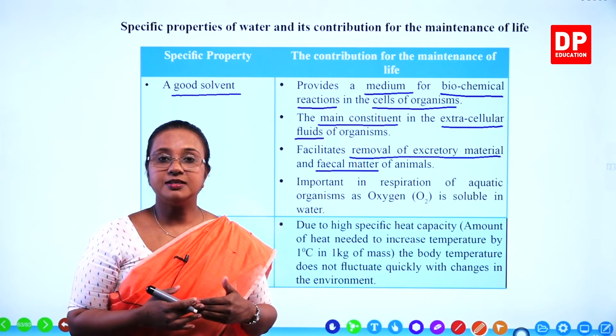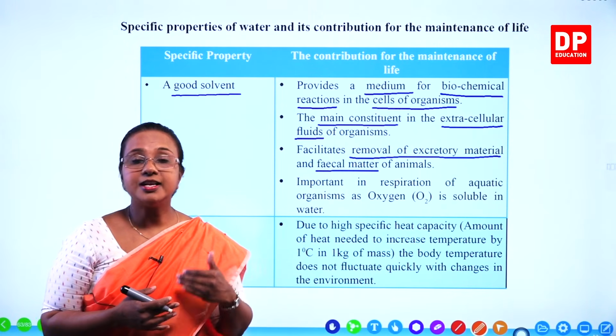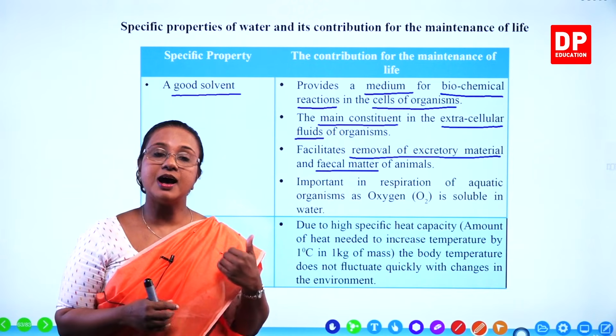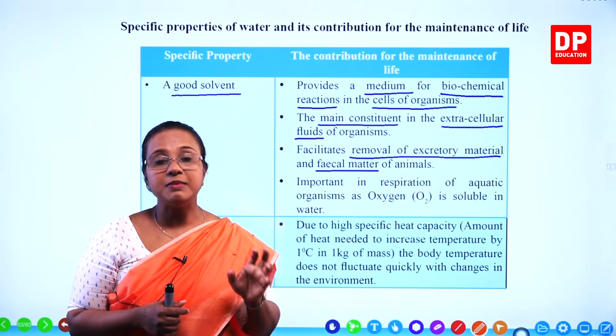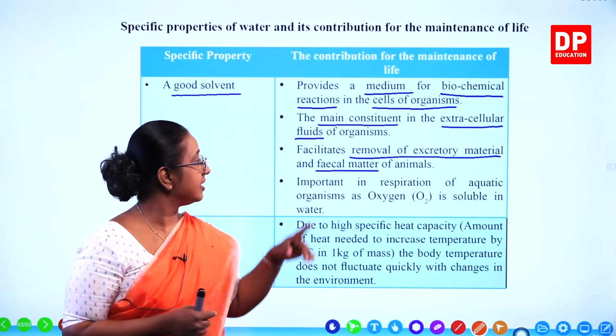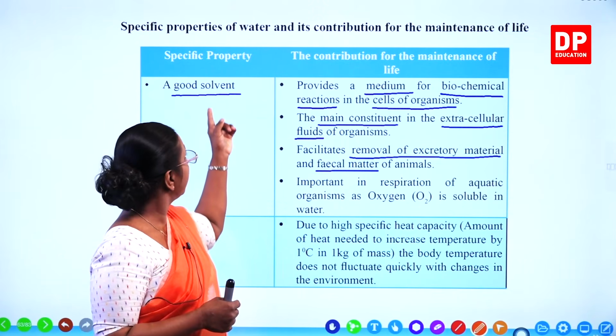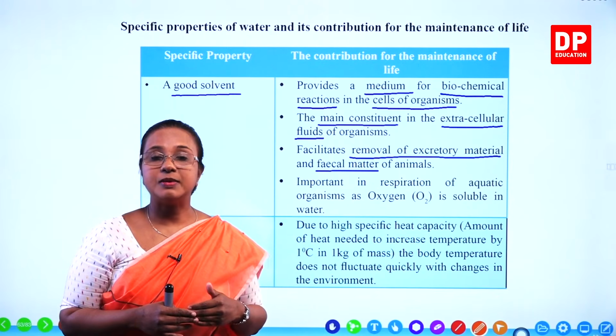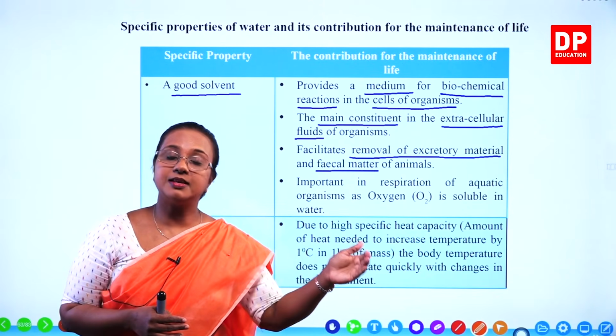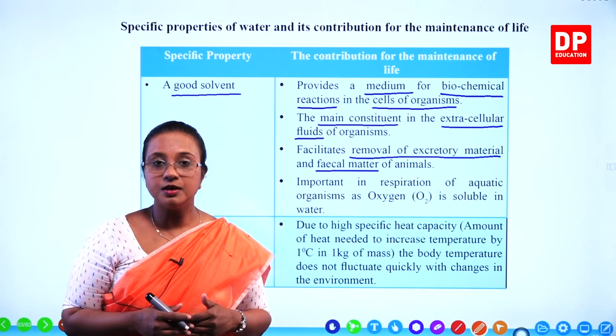This is excreted with urine. The nitrogenous waste materials are excreted with the urine of organisms, and the main component of urine is water. Because water can dissolve the nitrogenous waste materials, it is excreted easily from the body.